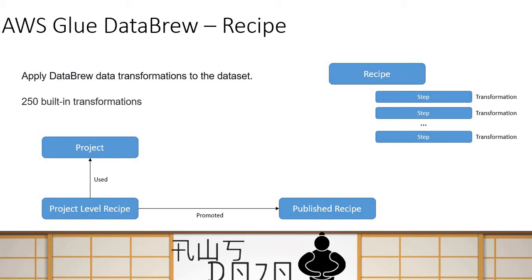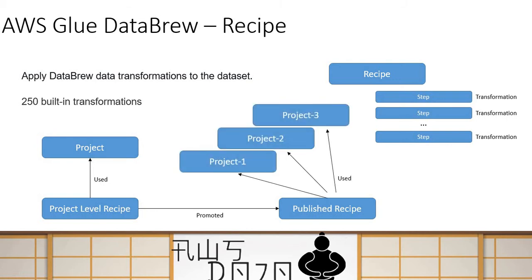And once the recipe is a published recipe, it is no more a project level recipe. Because remember, the project level recipe you can only use in a project which it is associated with. But once you publish a recipe, then it can be used with any project.